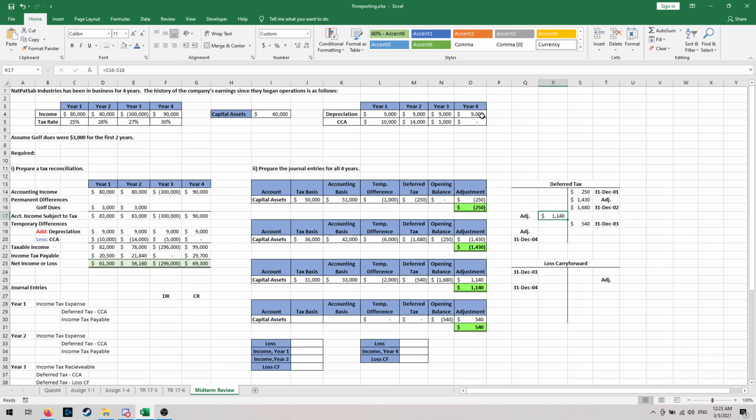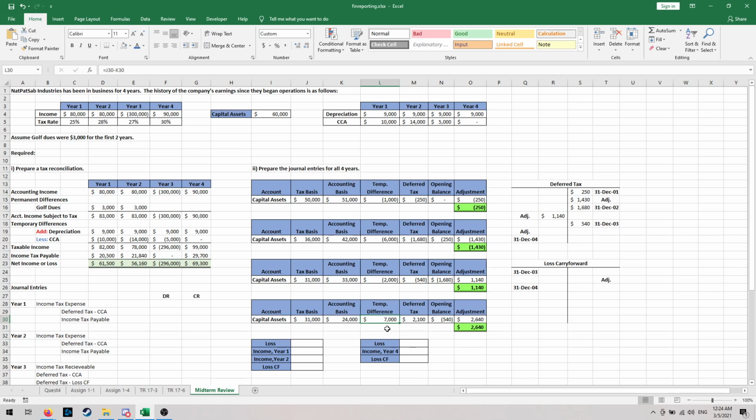So finally, we're here in year 4. And in year 4, we don't take any CCA, but we do take $9,000 worth of depreciation. And in this case, our temporary difference is a positive $7,000. So in a sense, this is $7,000 worth of income we pay taxes on that we could have waited to pay taxes on.